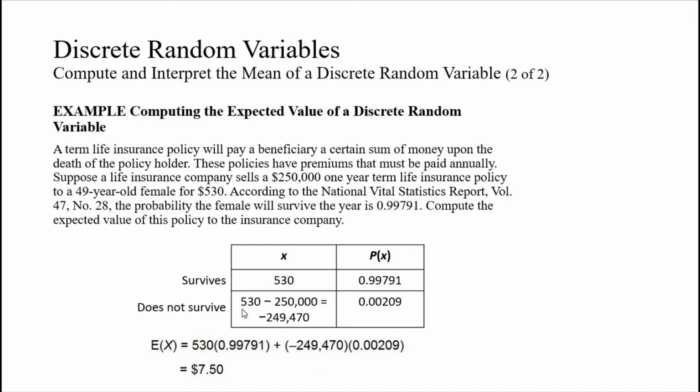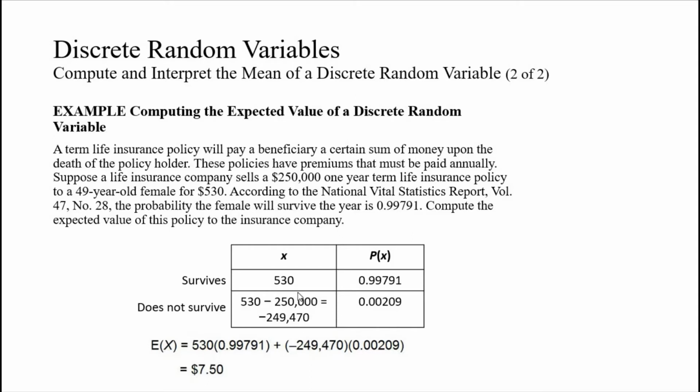If the female doesn't survive, that means the company has to pay the beneficiary $249,470. The probability of not surviving is basically the complement of the probability of survival. So 1 minus the probability of survival will give the probability of not surviving.